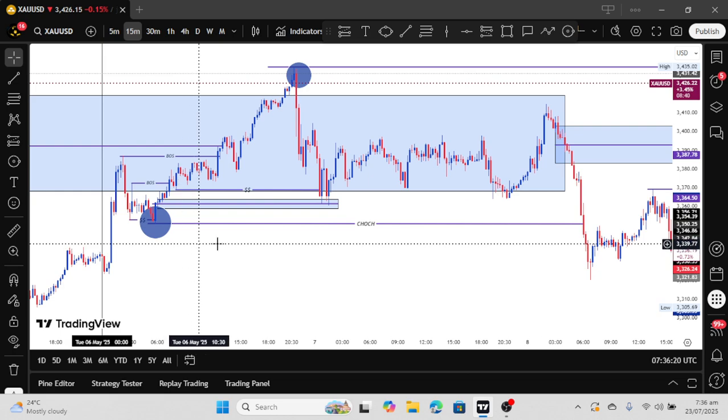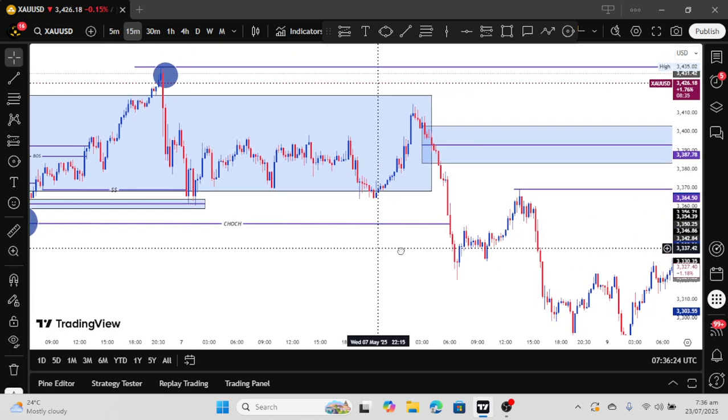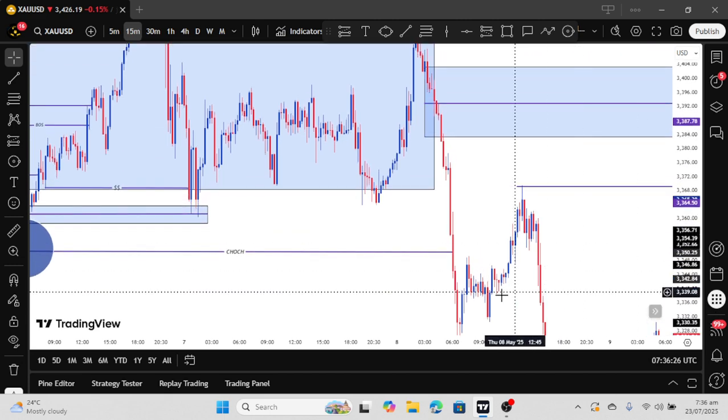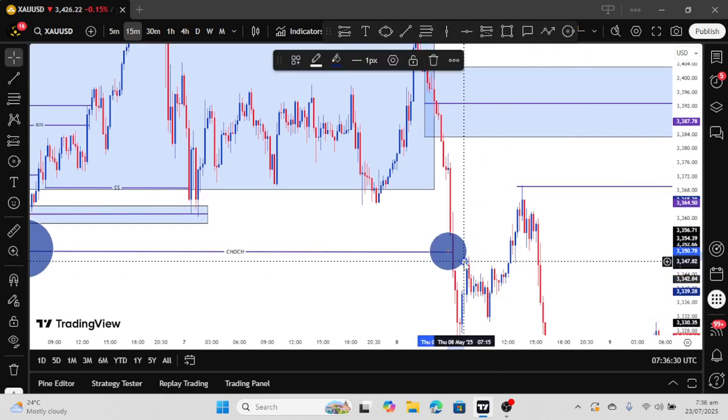If I see the market structure shift and the market breaks clear, which I've seen here, you can see this is a break of the zone.